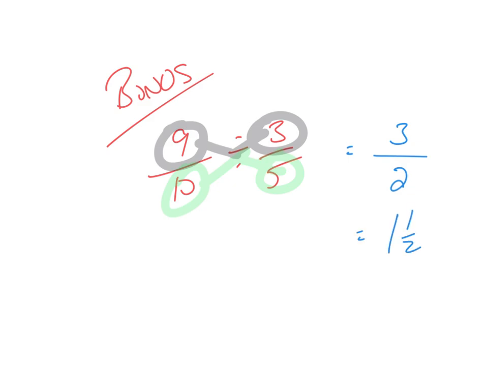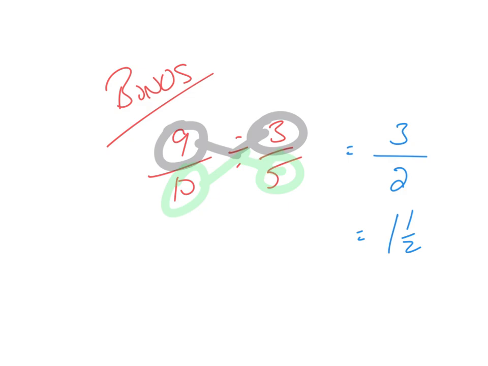But for this to work nicely, the second top number has to go into the first top number, and the second bottom number has to go into the first bottom number. If you look at the questions we've done so far, is that always the case? No.